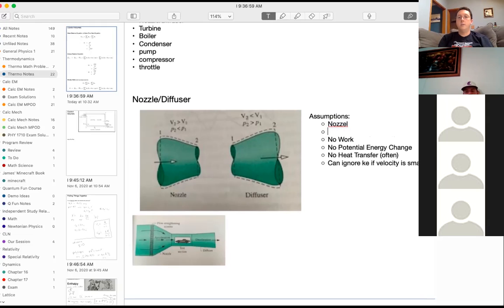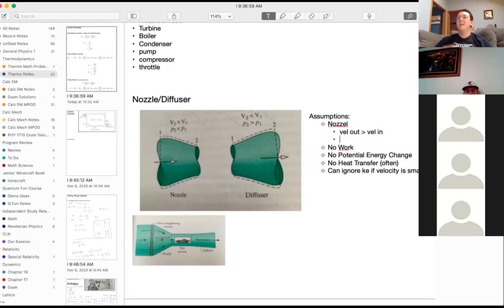we can assume the velocity out is greater than velocity in.